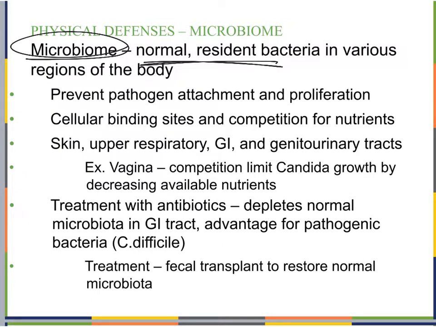Anyway, what we're doing is we are preventing the pathogen from attaching and then proliferating. So if the pathogen is trying to attach and there are a whole bunch of other bacteria there already, it can't attach. Plus, they'll all attack them. So this is important to keep a healthy microbiome.